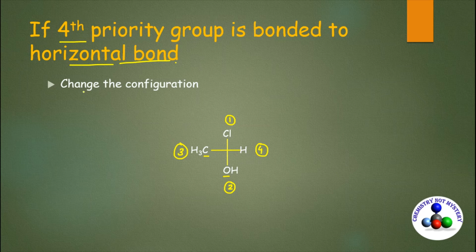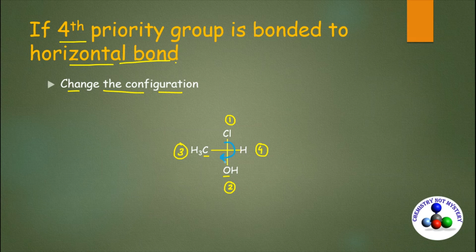So in this case, you have to change the configuration. First, draw an arrow from first priority to the second priority. From first to second, we can draw past fourth priority but not third priority. So you can draw an arrow in this direction, not in the opposite direction because otherwise you have to bypass third priority group, which is wrong.